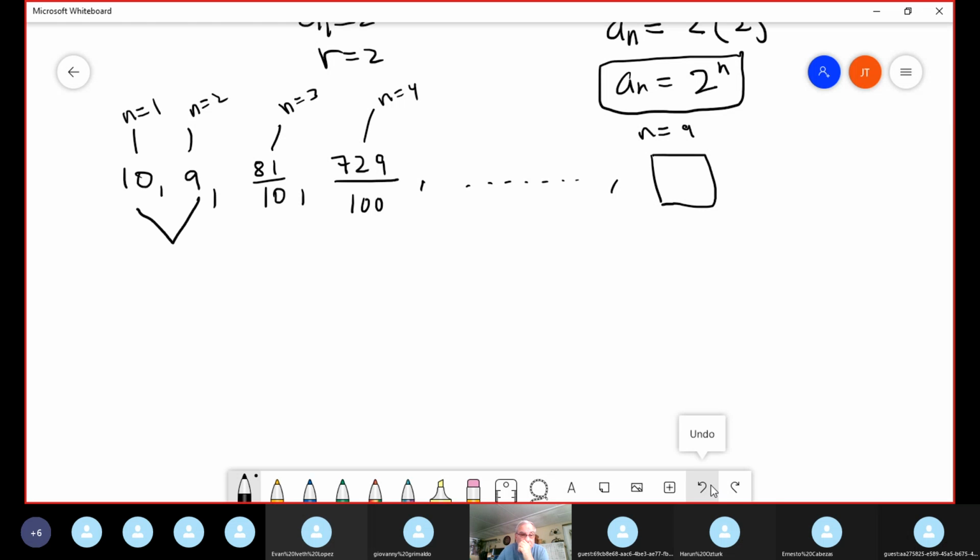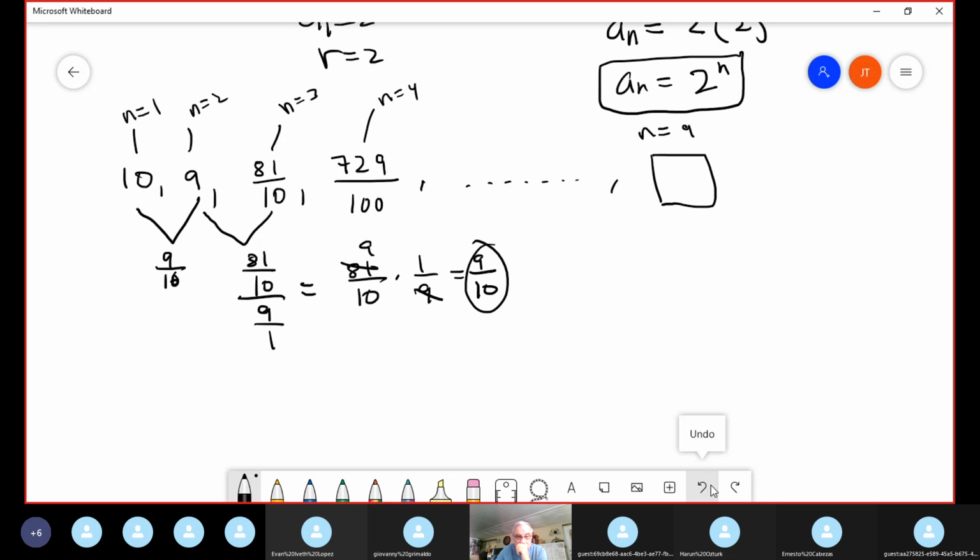You divide each number by the previous one. 81 over 10 divided by 9 is 81 over 10 times 1 over 9. Simplifying, because 81 is 9 times 9, we get 9 over 10 again. Do you see it's the same? I don't want to waste time, but trust me, when you divide each number by the previous one, it's exactly the same. Now, the common ratio R is 9 over 10.